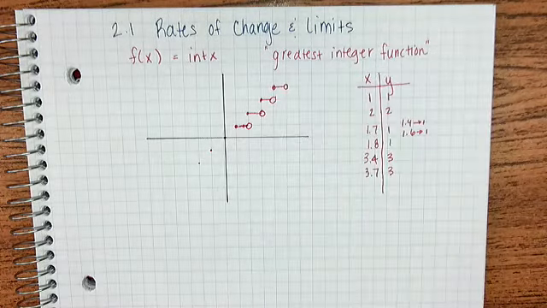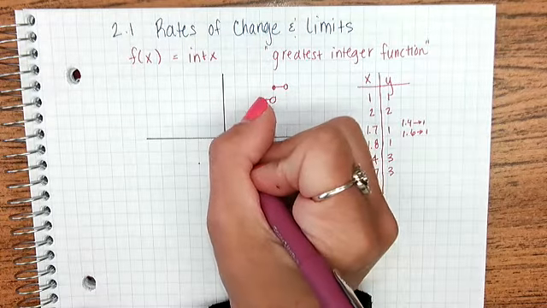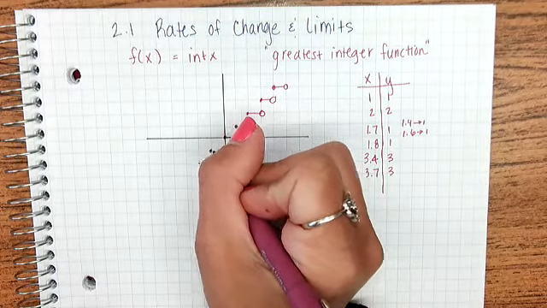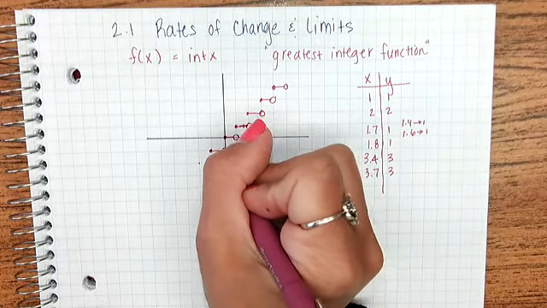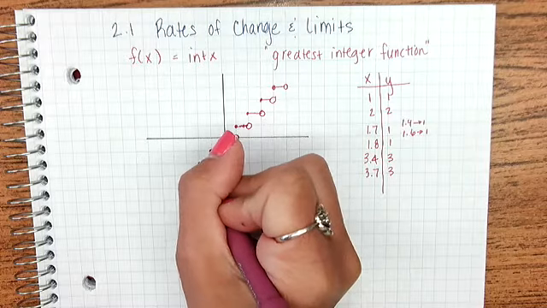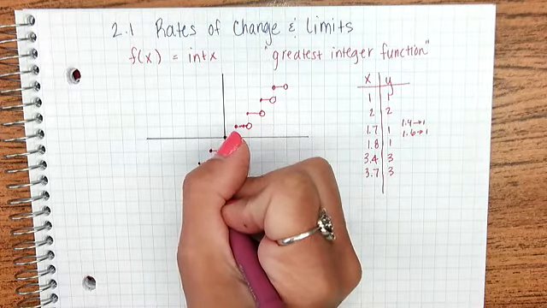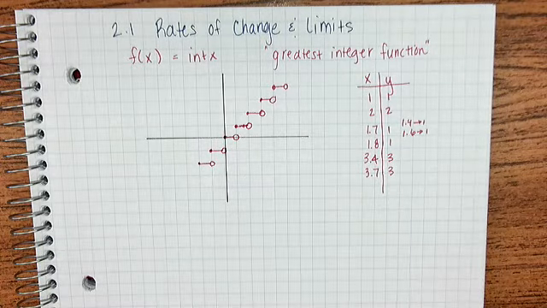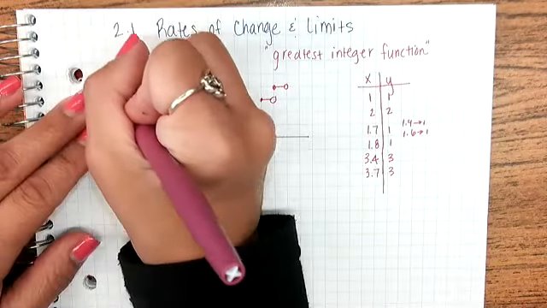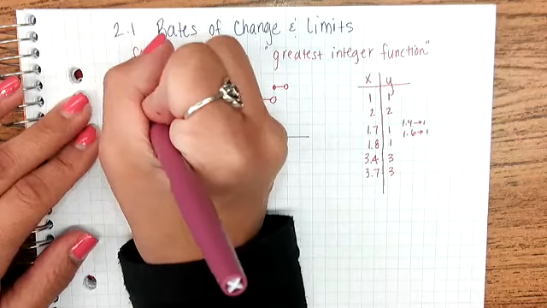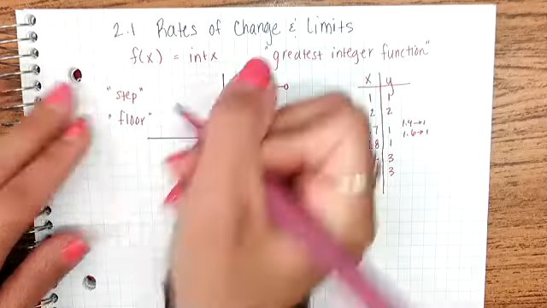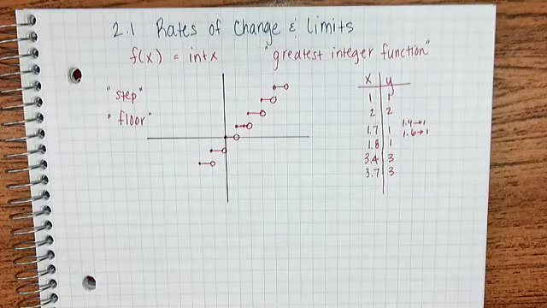I think greatest integer function is actually deceiving. That's what it looks like. Step function, floor function, greatest integer function.